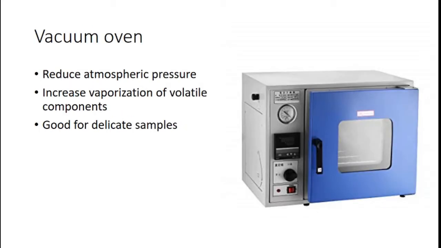Some places use vacuum ovens or vacuum assist for doing the drying process, and this is where you're reducing the atmospheric pressure on that sample so that it increases the vaporization of anything volatile within that product. This is great for delicate samples. For example, I mentioned that many of the standard methods indicate the equipment that's necessary.